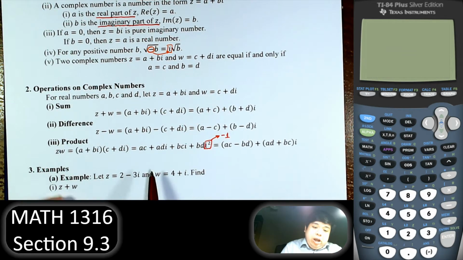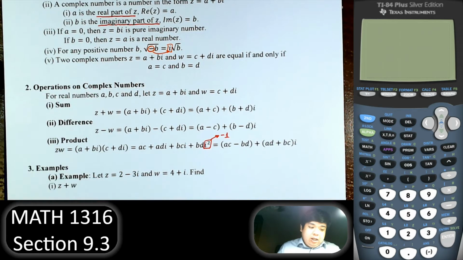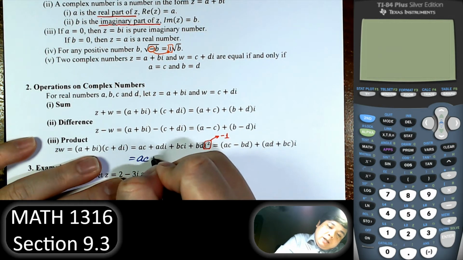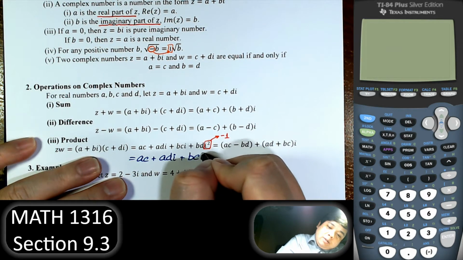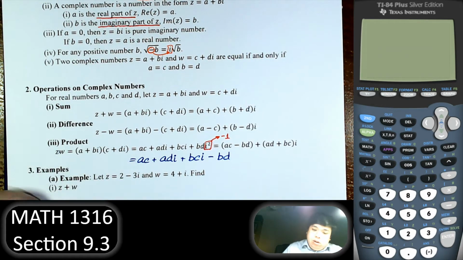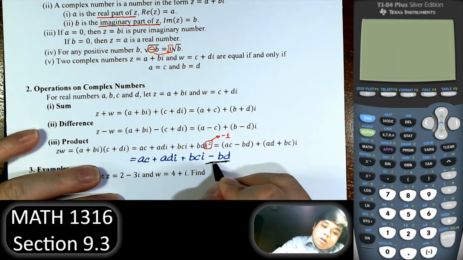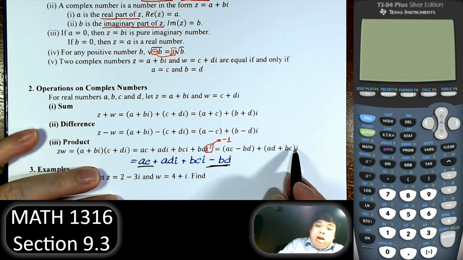So in this case, we have ac times -1 times bd. I can rewrite this as ac plus ad times i plus bc times i minus bd. Combine like terms, the real parts together and the imaginary parts together, and factor out an i.